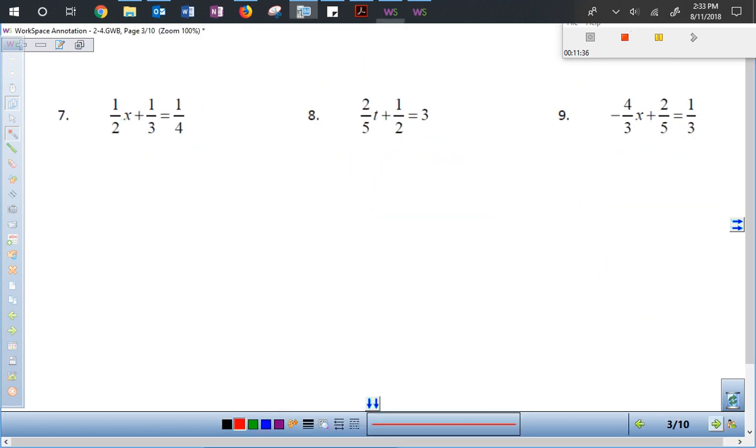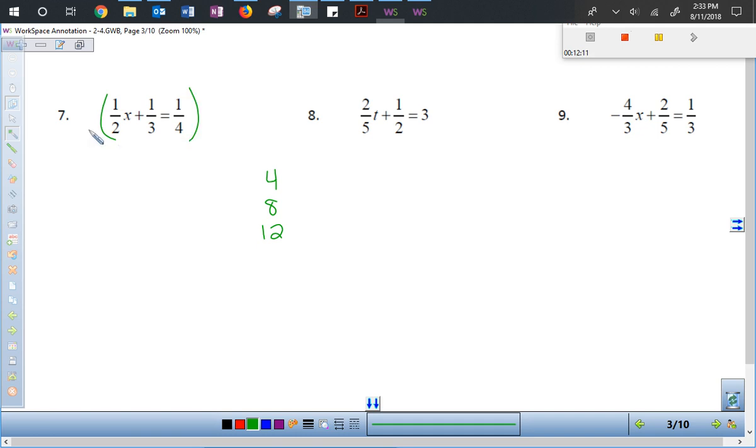On number 7, I have 1/2, 1/3, and 1/4. So I want a common denominator between 2, 3, and 4. I'm going to start with my largest number and think about the multiples of 4. 4: 3 cannot go into 4, but 2 can, so that doesn't work. 8: 4 goes into 8, 2 goes into 8, but 3 does not go into 8. 12: 2 goes into 12, 3 goes into 12, 4 goes into 12.